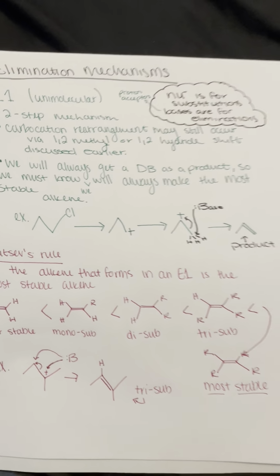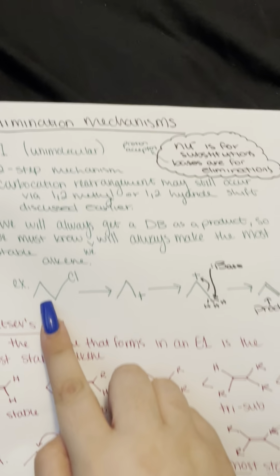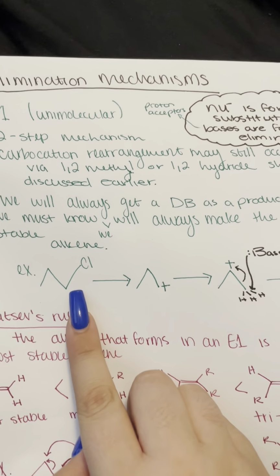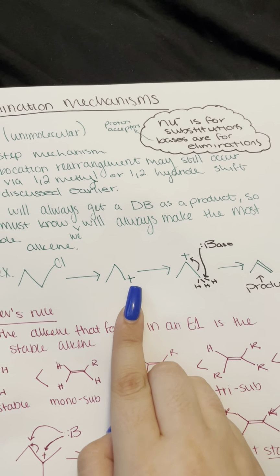And here's an example of an E1 mechanism taking place. We have the molecule with the chloride, and here's the hole from the carbocation.